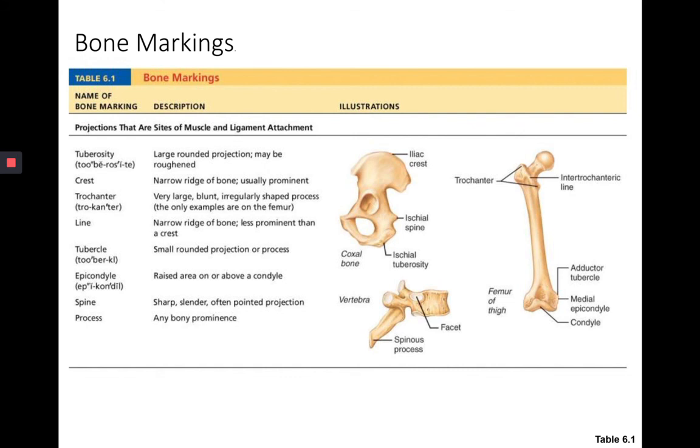There's the greater and lesser trochanter on the femur, or the greater and lesser tubercle on the humerus. There are epicondyles on different bones, generally long bones. You would find epicondyles, for example, on the tibia. And then you have spines, like the ischial spine, which is between the greater and lesser sciatic notch. And then you have processes, like the spinous process.